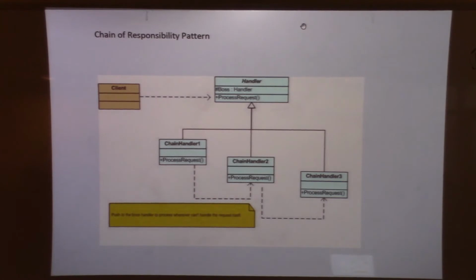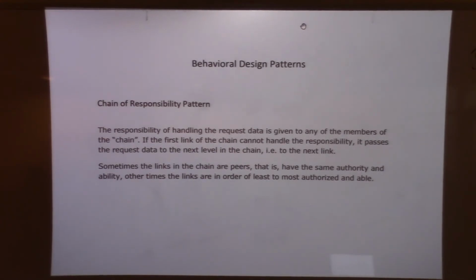So you always try to handle things as early as possible, and requests only go further out when needed. Sometimes these handlers are peers, at an equal level, or sometimes they are increasing in their responsibilities. Sometimes the links are peers, and other times they are ordered from least to most authorized.